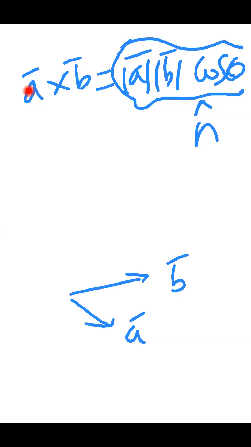So that's why I have drawn two lines. You draw any two lines, definitely there will be some angle between the two lines. You can draw it at any angle. This theta can be anything, but definitely it will form some plane or surface. Your answer will be perpendicular to the direction of the plane.